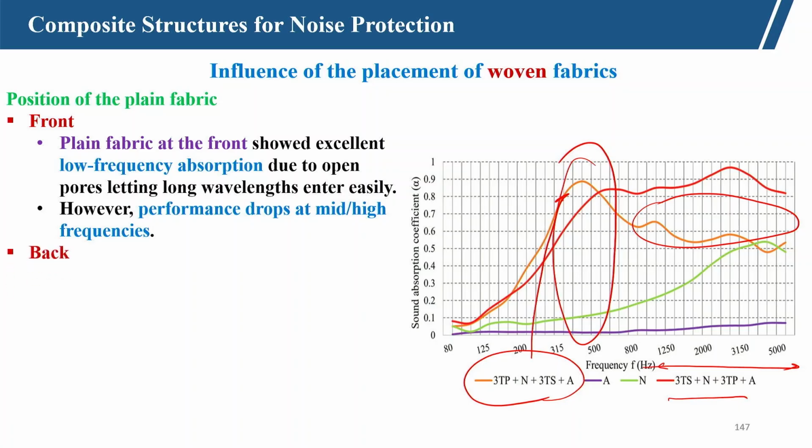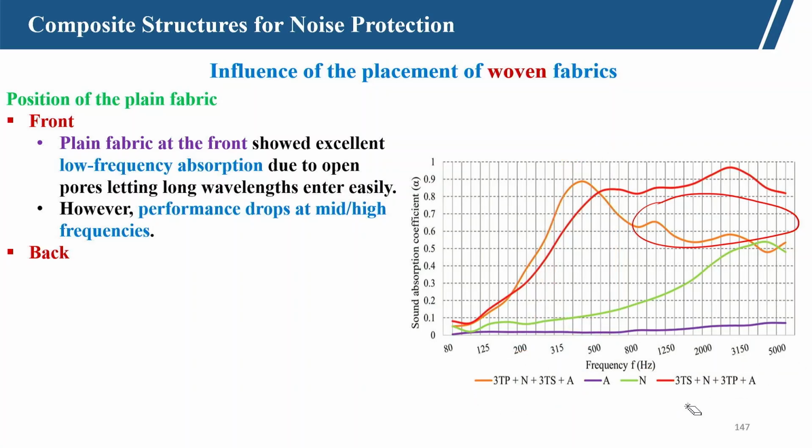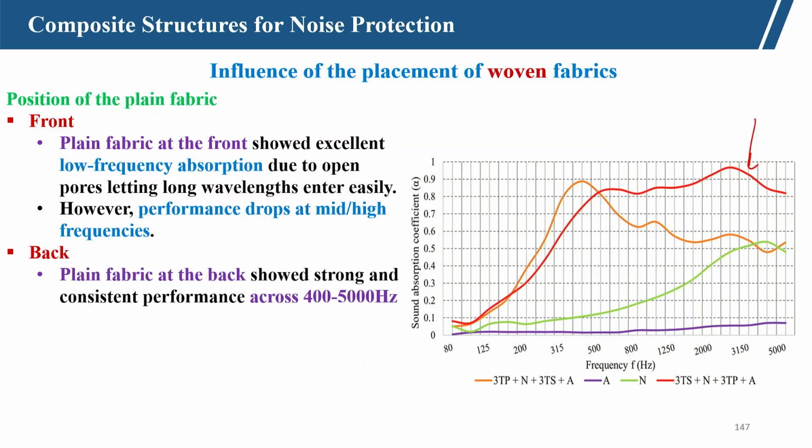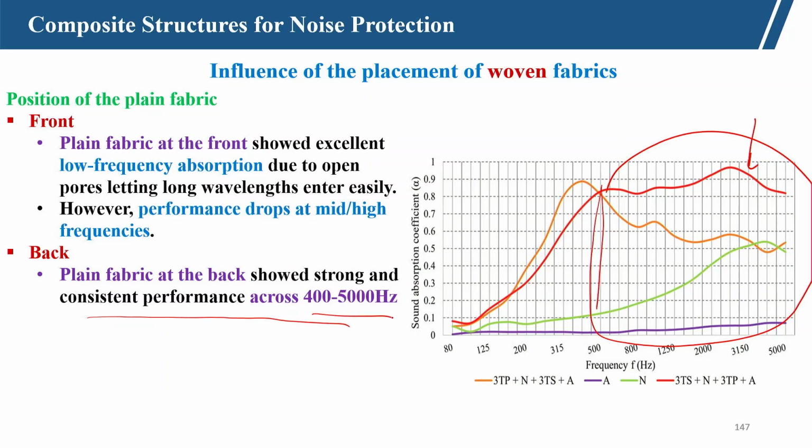And when we place it at the back, that is shown by the red curve. What happens? Plain at the back showed strong, consistent performance across the range from 400 to 5000 hertz.